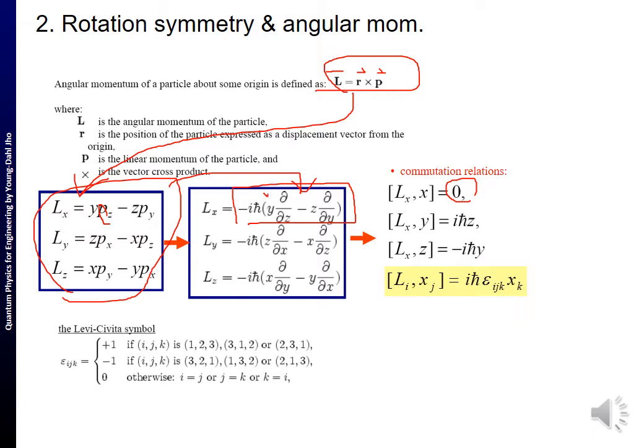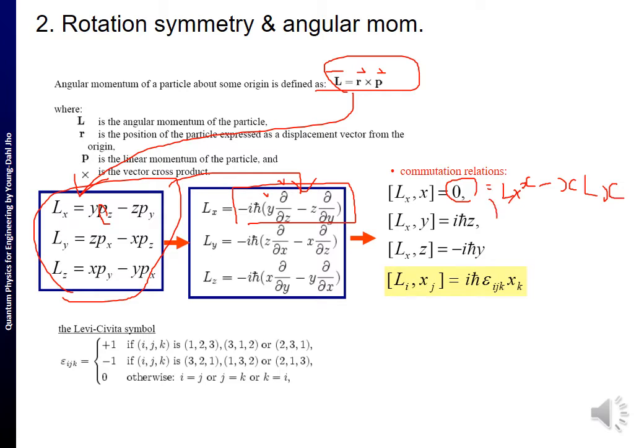It is either y or z directional mathematical operators we have. The commutation means, as you know, Lx x minus x Lx.